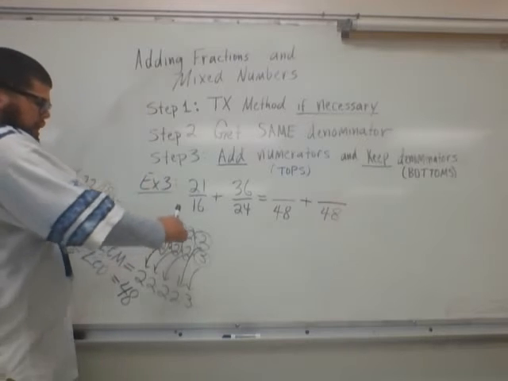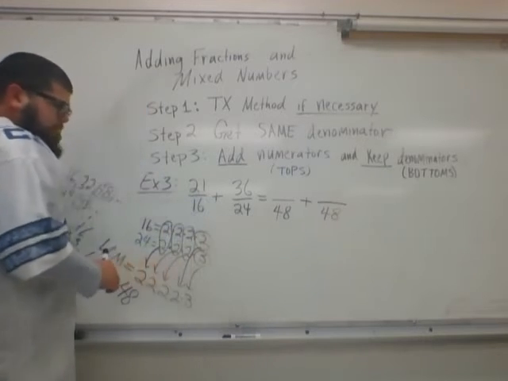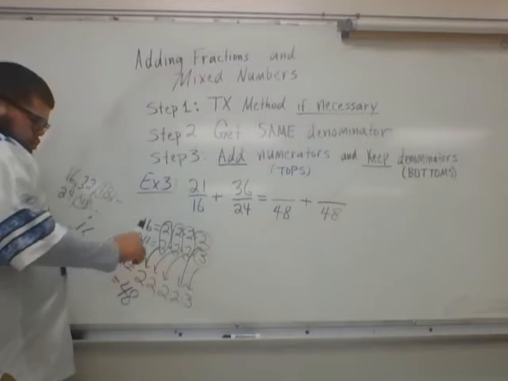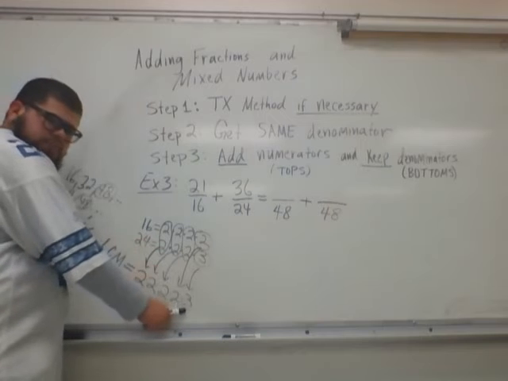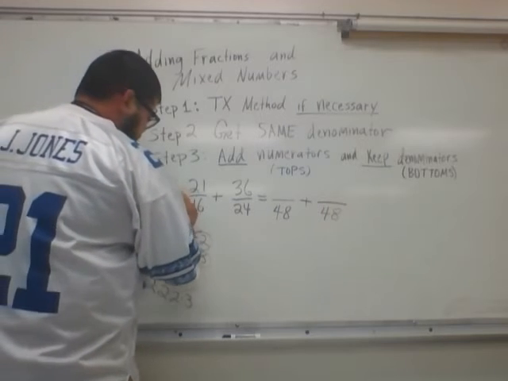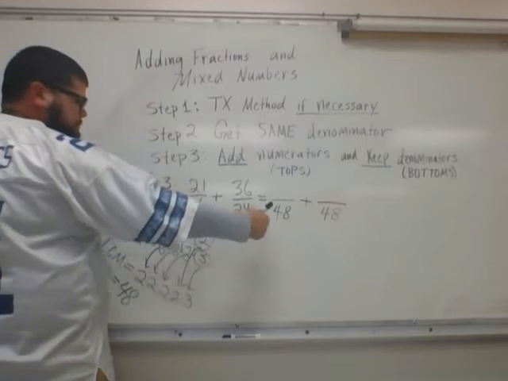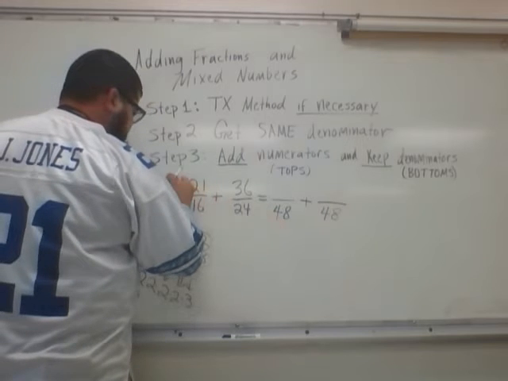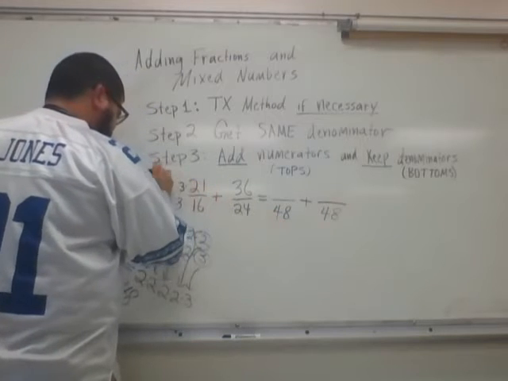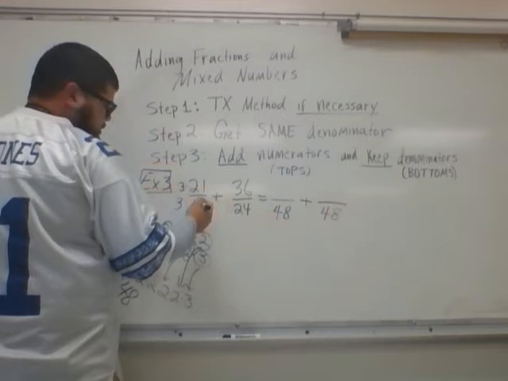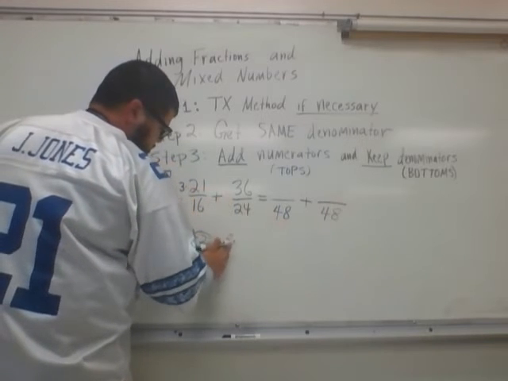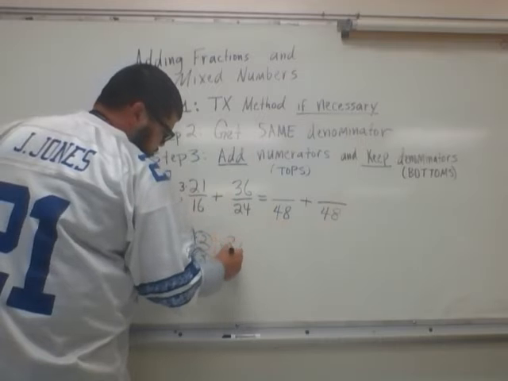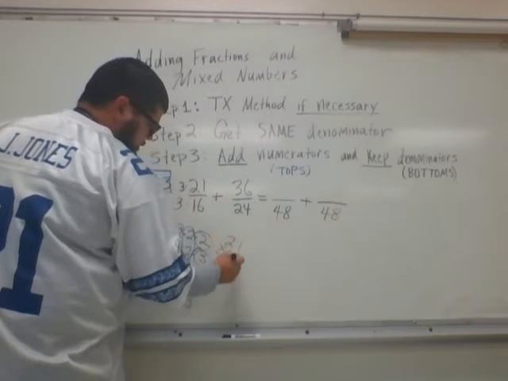16 times what will give me 48? So what you'll notice is we got 16 here and we multiplied it by 3. So we're going to multiply by 3. 3 times 16, 48. 3 times 21, what is that? 63, but let's figure it out right here just in case. 21 times 3. 3 times 1 is 3. 2 times 3 is 6.